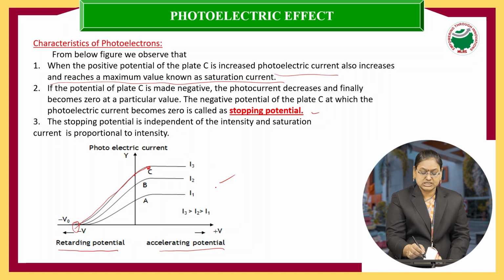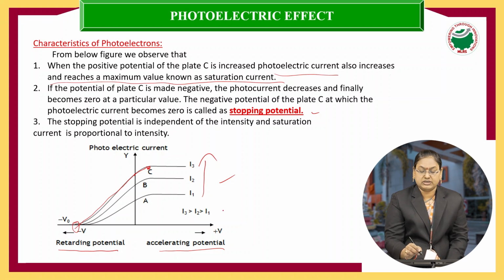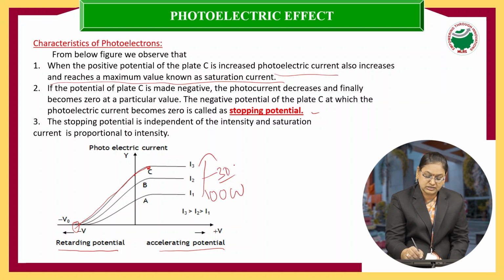From this graph we can see that we are varying the intensity. You can see I3 is greater than I2, which is greater than I1. How do you vary intensity? You change the power of the bulb. Assume the power of the bulb here is 100 watts, here it is 300 watts, and here it is 500.